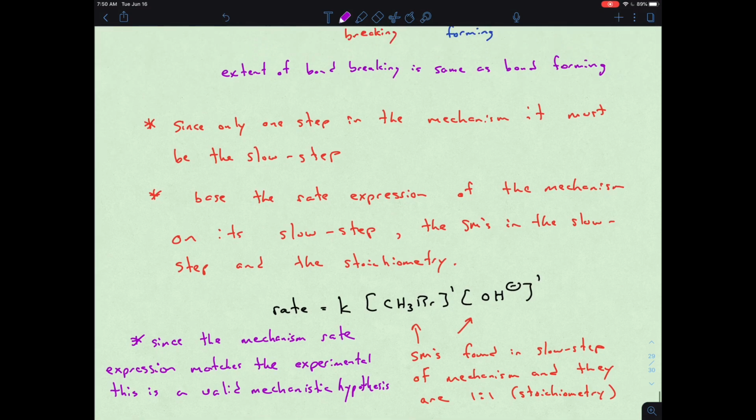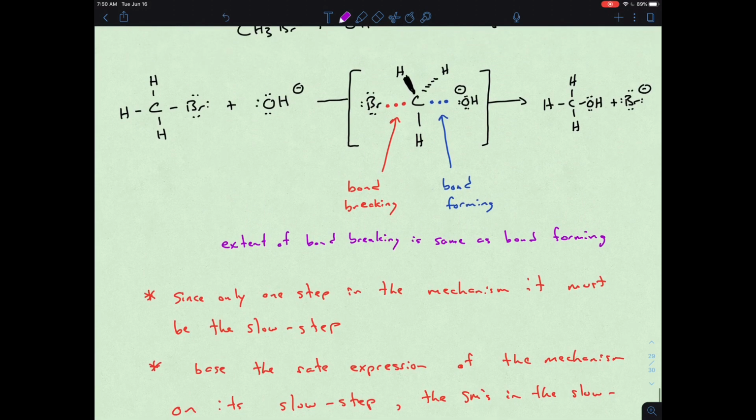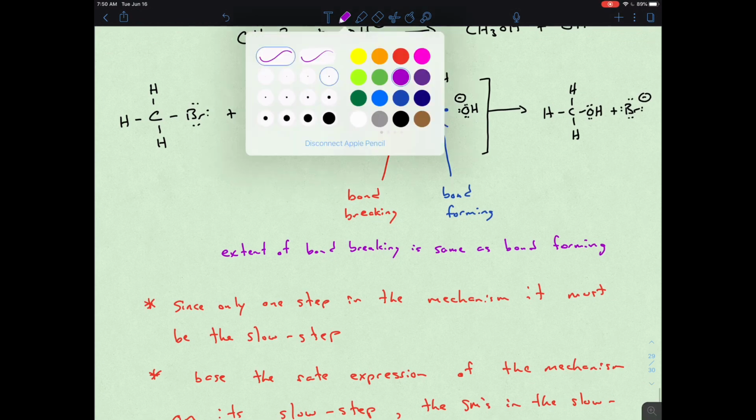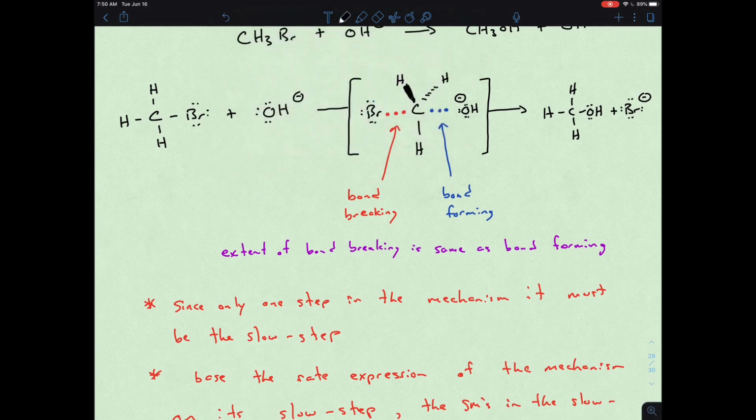If we scroll back to the mechanism, we have this weird little box in the middle. We tend to have this double dagger relationship shown. What this is indicating is what's known as the transition state.